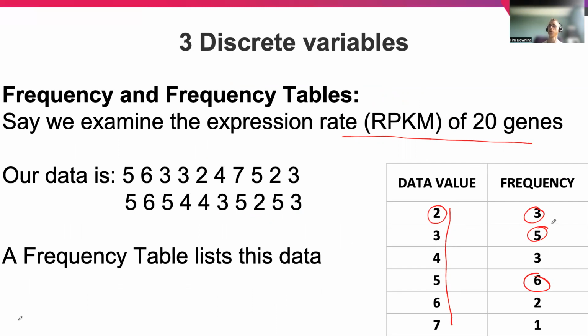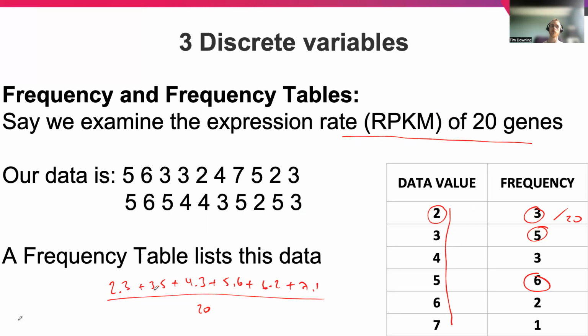So we can adjust that for the number of values that we have, so 3 divided by 20, and multiply it by our expected values. So we get 2 by 3, and they're all going to be over 20 ultimately, plus 3 by 5, plus 4 by 3, plus 5 by 6, plus 6 by 2, plus 7 by 1.